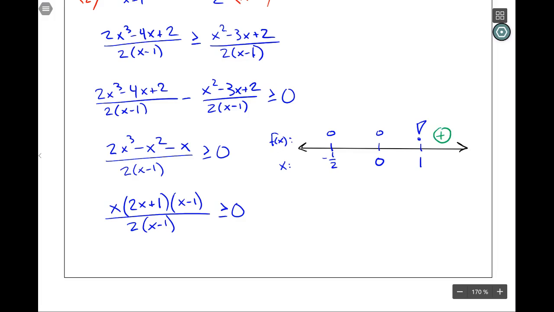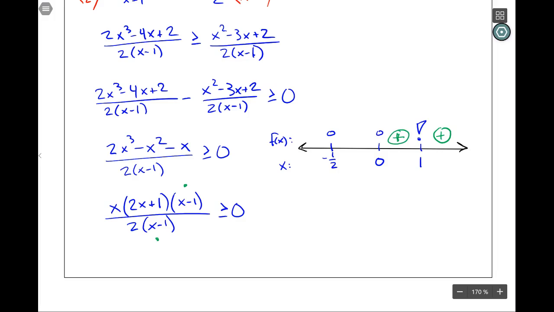When we cross over x equals 1 and go just to the left of x equals 1, this factor right here and this factor right here turn negative. But those two factors cancel each other out. Remember, I could show those as canceled out like that. But the net result is still a positive value because a negative divided by a negative is a positive.